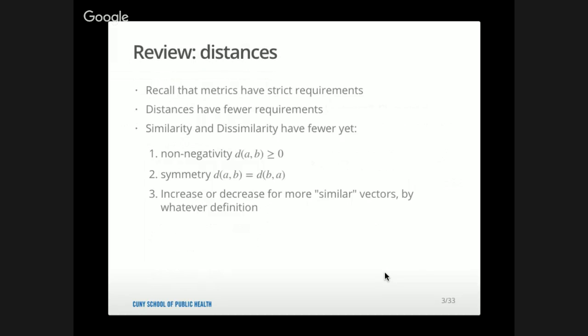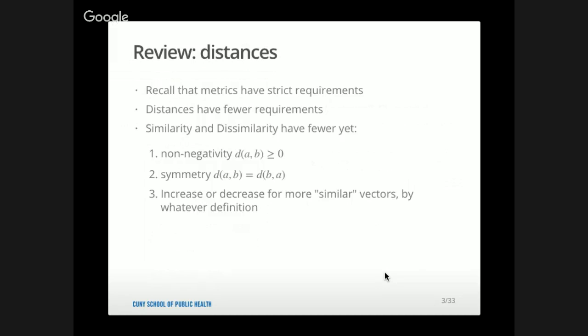Something can be a distance with only 3 of those 6 requirements, and a similarity or dissimilarity measure with fewer yet. And this is what generally we will care about for the purposes of clustering. The only real requirements for similarity and dissimilarity measures are non-negativity and symmetry.